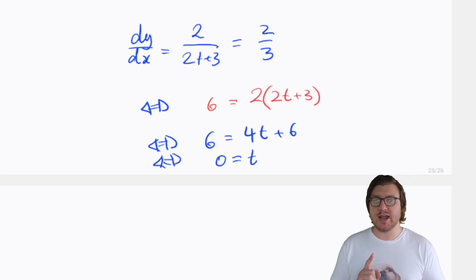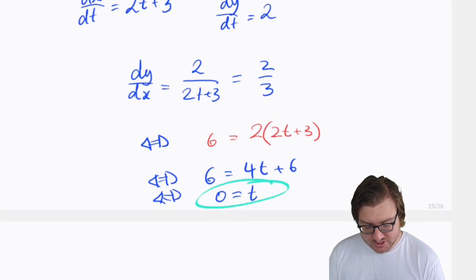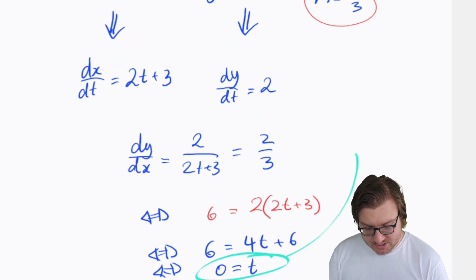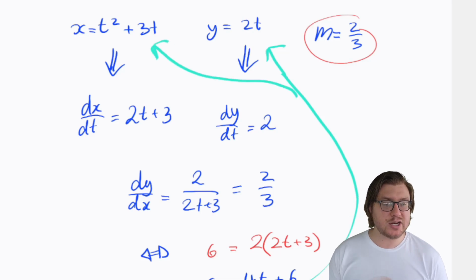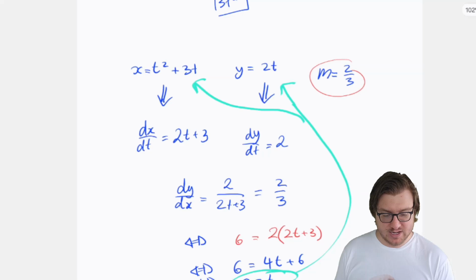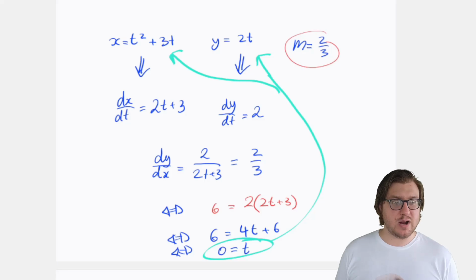But don't forget to now go back and use the value for t that we've got to substitute it back into our original equations to actually find the x and y values. So what would be the x and y value here?